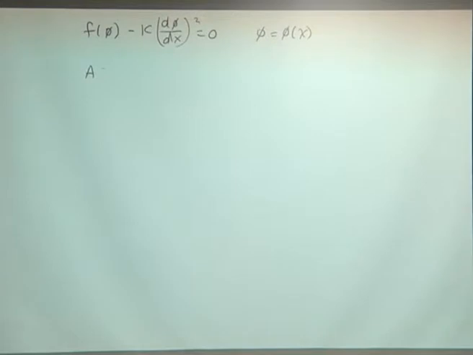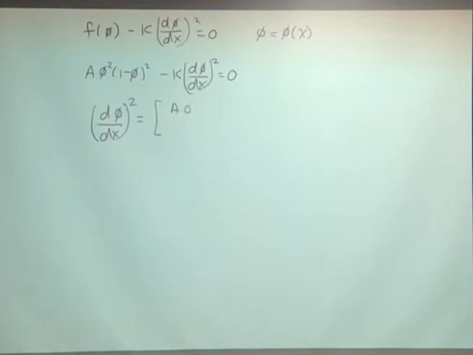It's A equals 0. And so now you're left with a differential equation for phi as a function of x. So remember, this is the Euler-Lagrange equation, and what we're trying to do is to determine phi as a function of x.